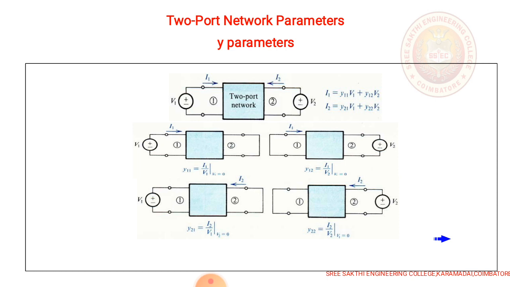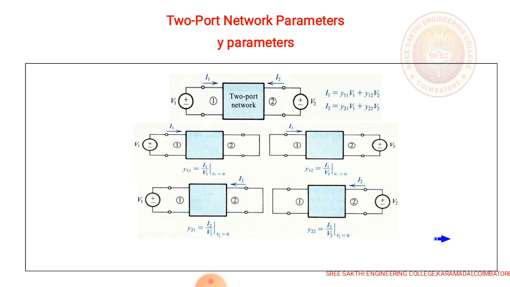Here Y11 can be written as I1 by V1 and Y12 can be written as I1 by V2. Y21 is equal to I2 by V1 and Y22 is equal to I2 by V2.